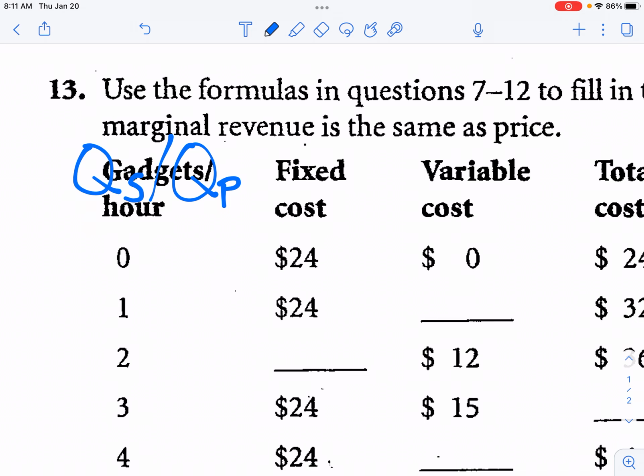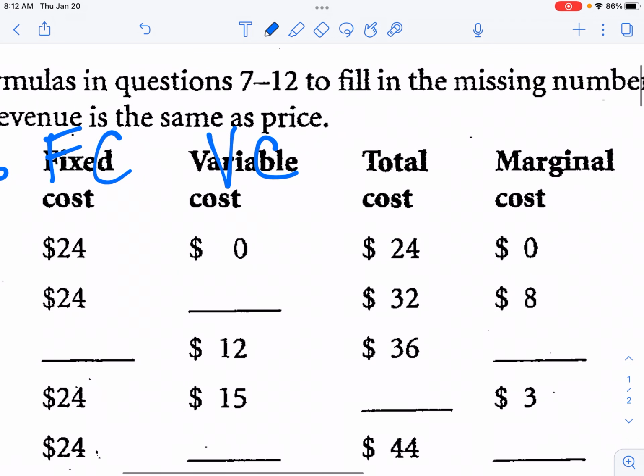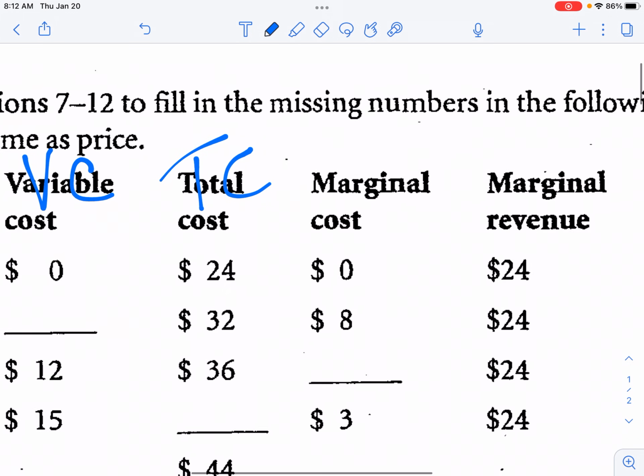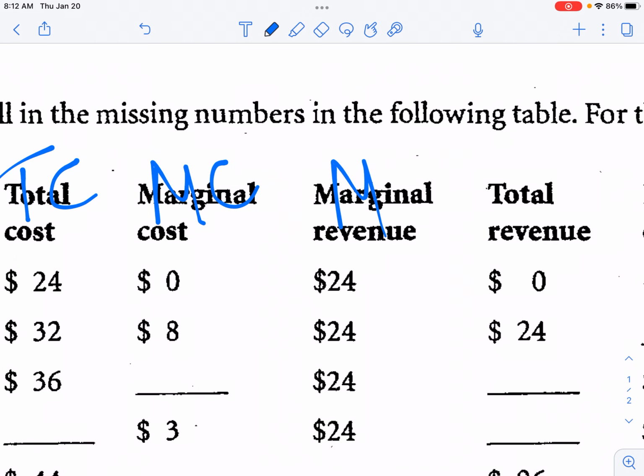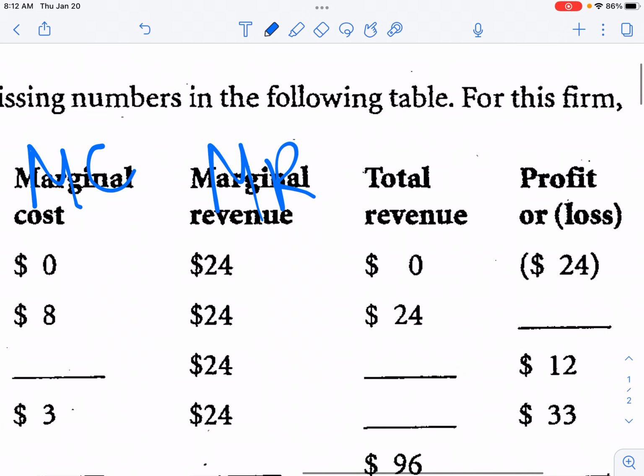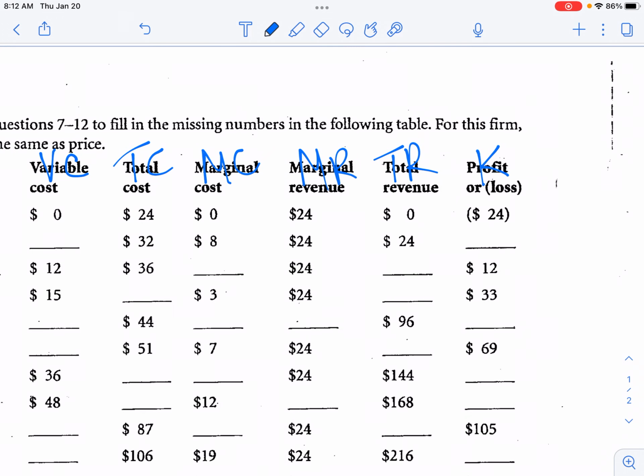You're just taking the first letter of the words, and that'll help label the column. So fixed cost is FC, variable cost is VC, total cost TC, marginal cost MC, marginal revenue MR, and like we said in the notes, profit, it can't be P because price is already P, so that's a K.